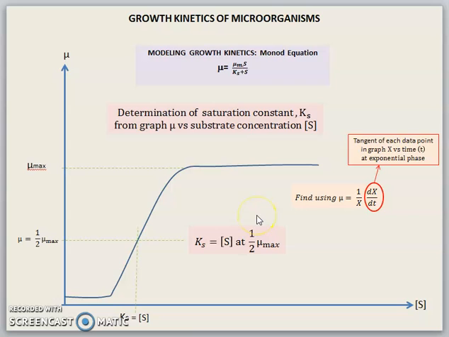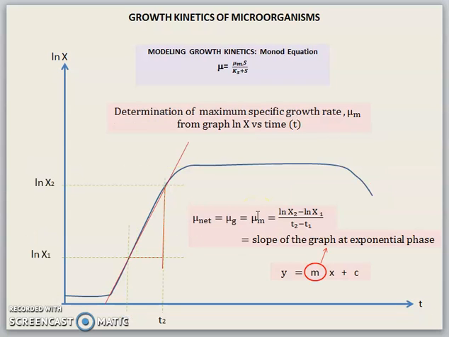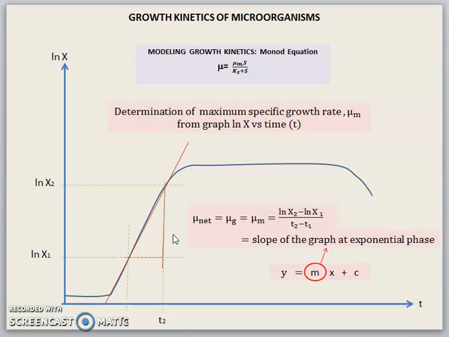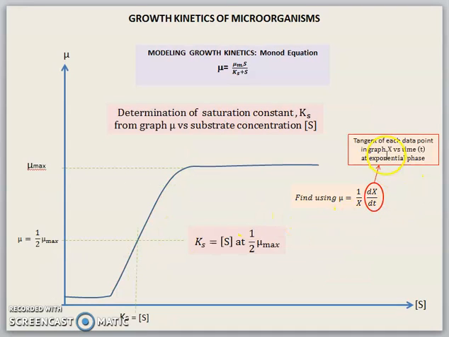So class, from the previous x versus t graph, you have to identify the tangent of each plot, which is represented by dx dt, the tangent of each data point in the graph of x versus time at the exponential phase. Then you multiply by 1 over x, and you will have the value of mu for each of the data points.